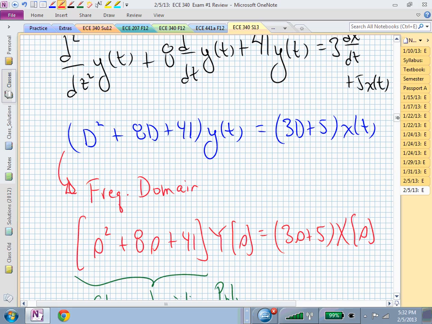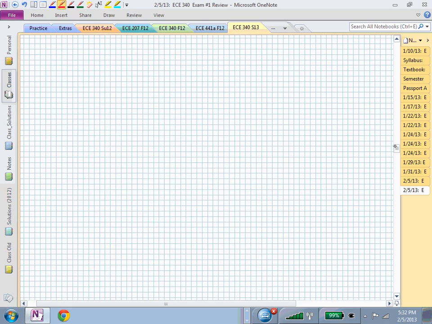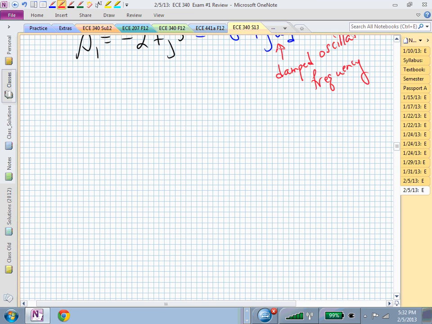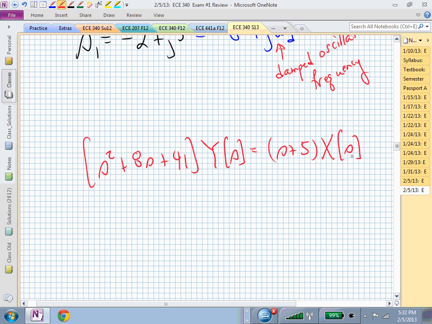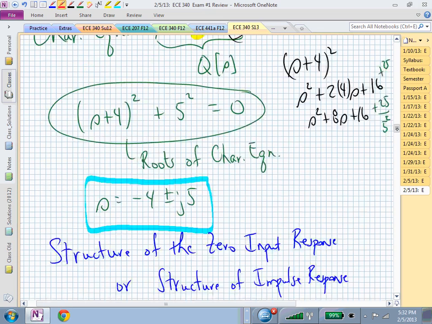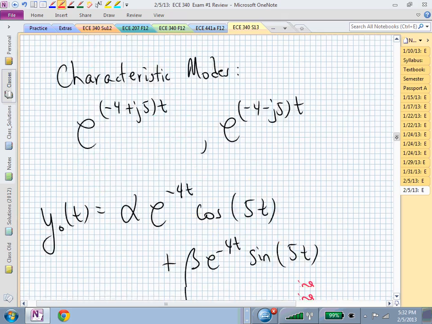That s plus 5 is important if I now ask you to find the transfer function. I had something like s squared plus 8s plus 41 times Y of s equals 3s plus 5 times X of s.